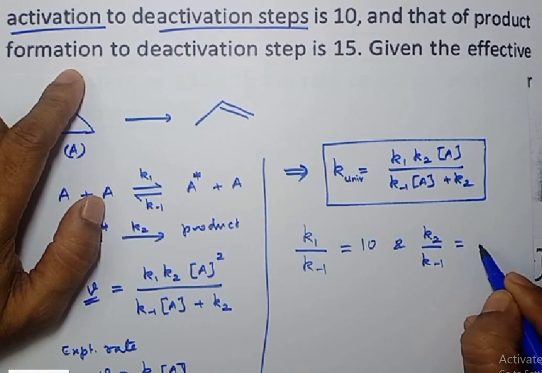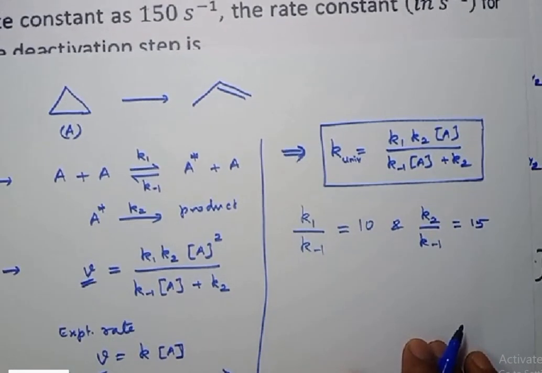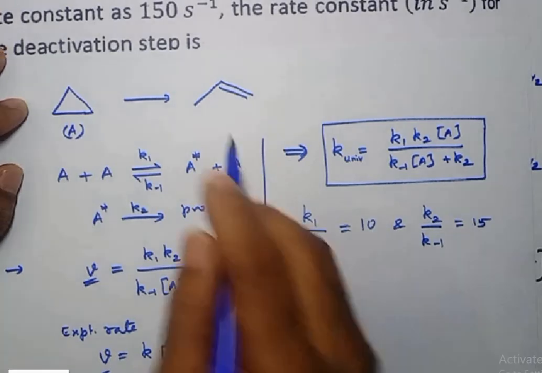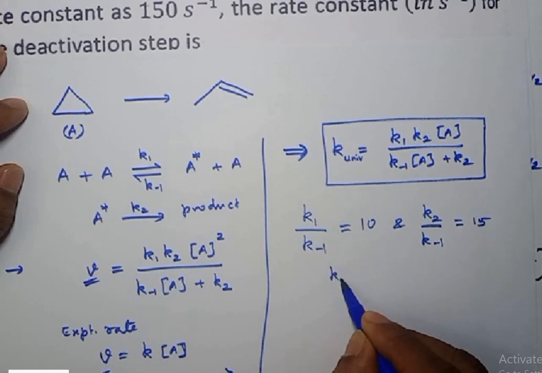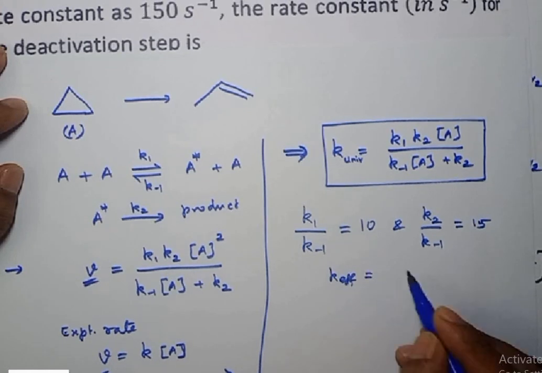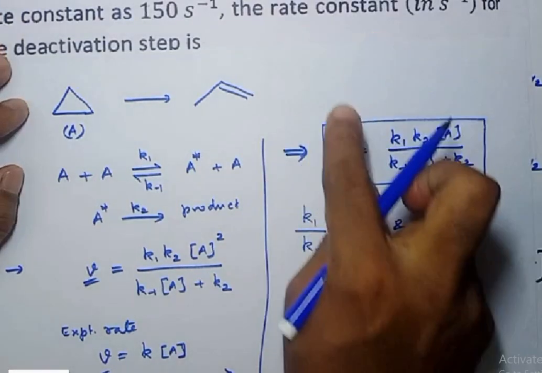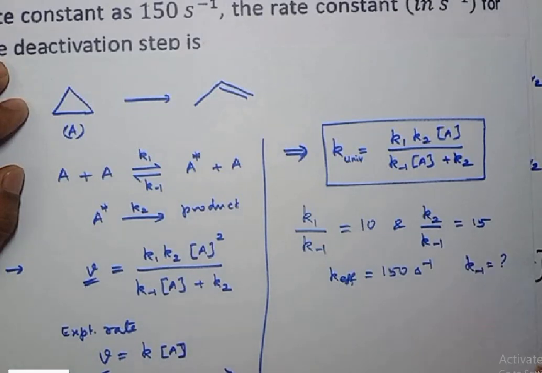This ratio is given as 15. And the effective rate constant is given, 150 per second. K effective is equal to 150 second inverse. We need to find the rate constant for the deactivation step, that is K-1. How to do this?